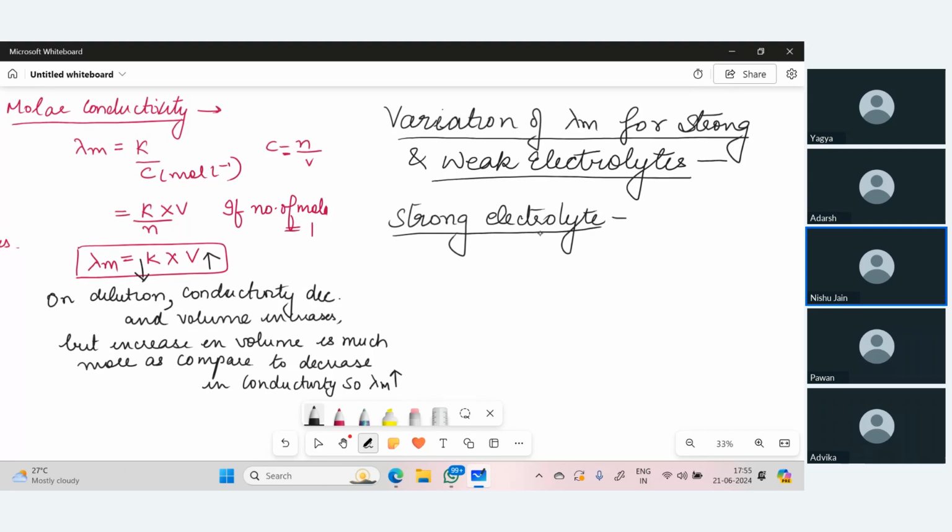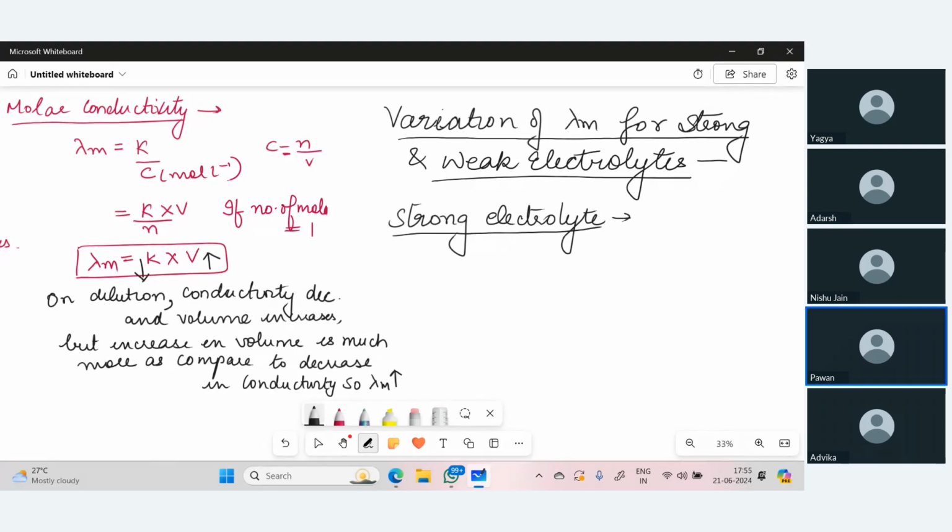Like you know that strong acids, strong bases, what are those? Why is HCl a strong acid? Because it shows ionization. Is it complete ionization or partial?